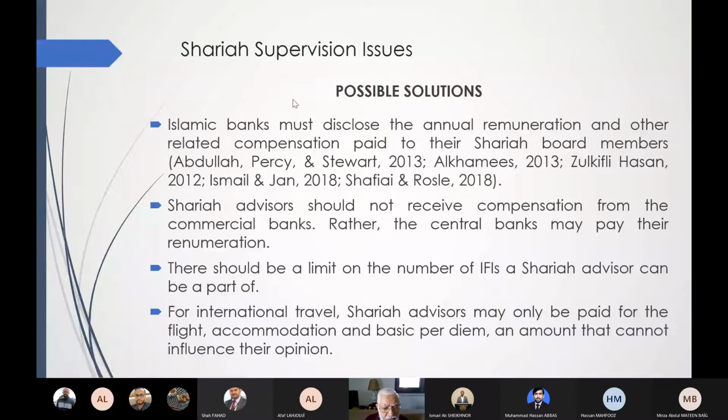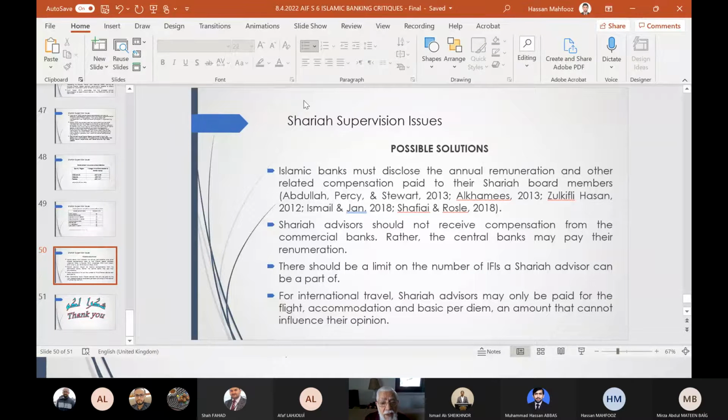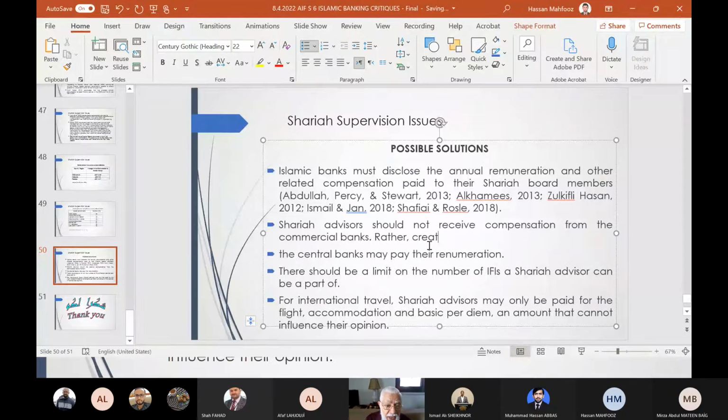The idea that Sharia board members should be paid by the central bank may not work. Probably if we mend that idea in a better way, they should be paid from a pool in the central bank, created from Sharia advisory fees the central bank charges the Islamic banks.